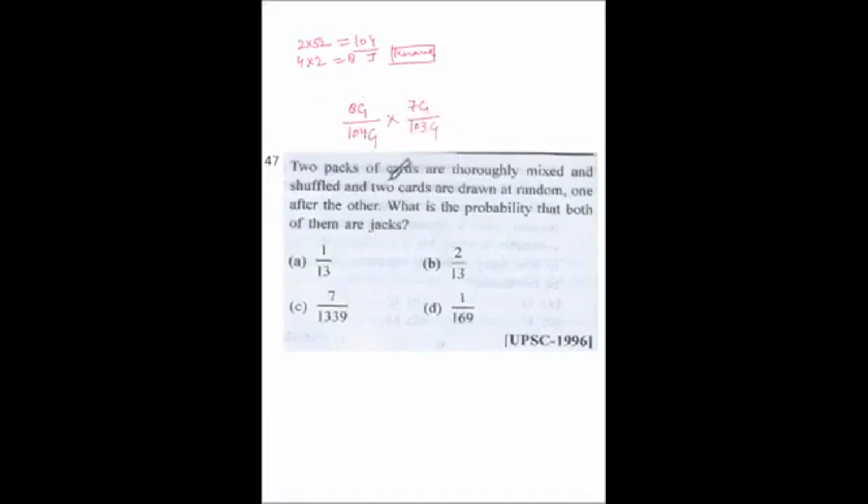So this comes 8 into 7 upon 104 into 103, because 8 C1 is 8 and 104 C1 is 104. Similarly 7 C1 is 7 and 103 C1 is 103. So we simplify it.